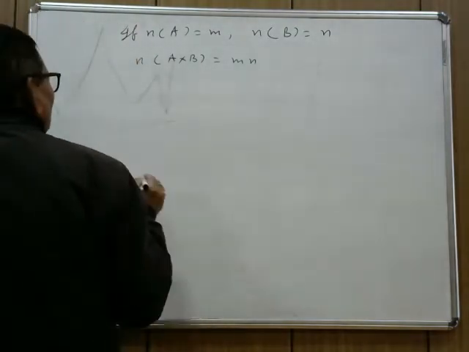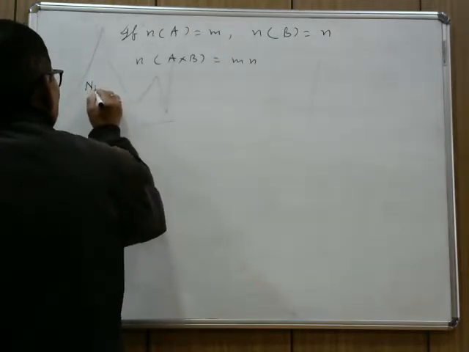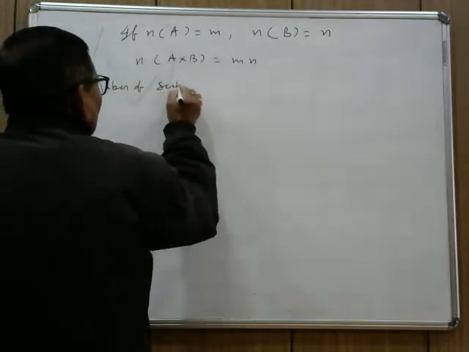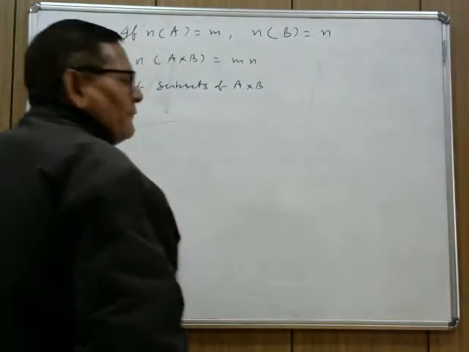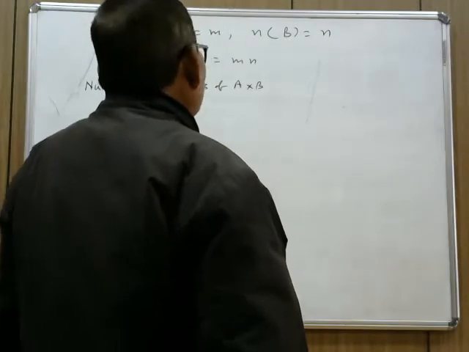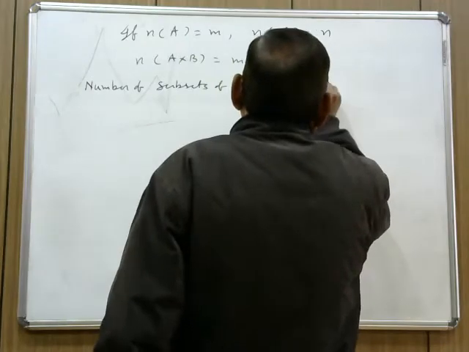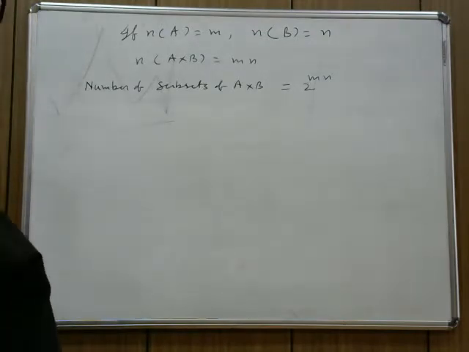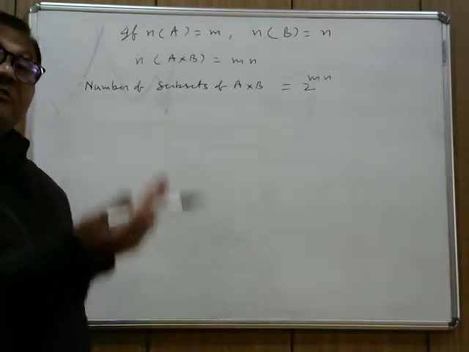Now I am going to find the number of subsets of A cross B. How many subsets are there? If A cross B has mn elements, then there are 2 to the power mn subsets, and a subset of A cross B is a relation from set A to B.